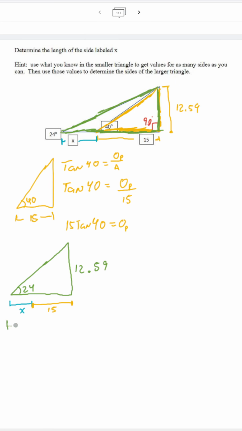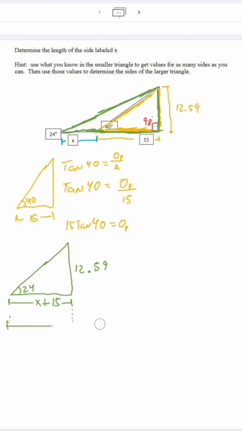So the distance from here all the way over here, so all of the base of this triangle, is going to be x plus 15. Now, why is this going to be so important? Because, all right, so let's just erase this and just have in mind that this is going to be x plus 15.